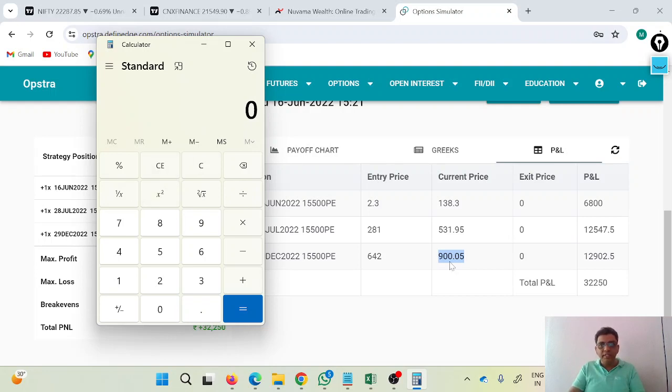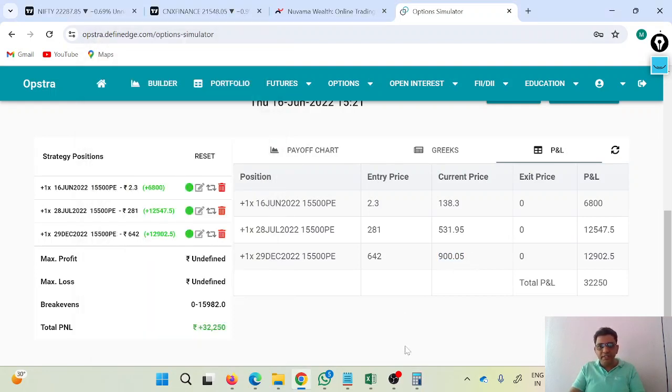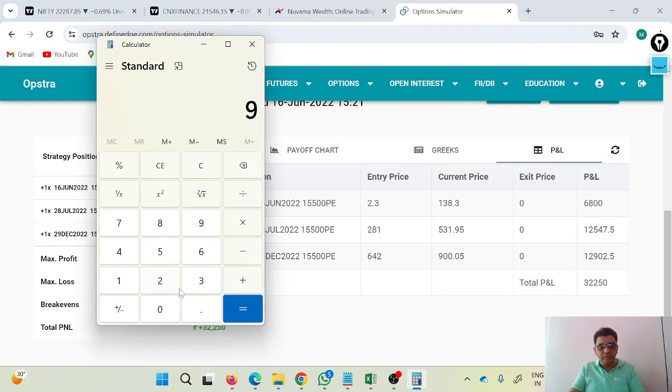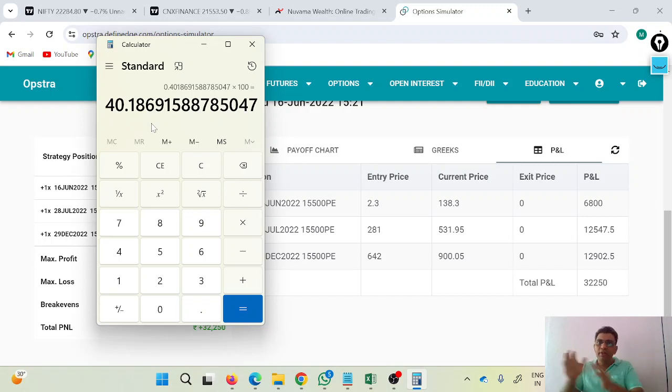And how much has this increased? This has increased from 900 minus 642, divided by 642, multiplied by 100. So in one day, the December option for the same movement of Nifty has moved the same.